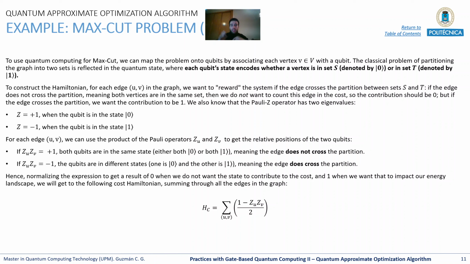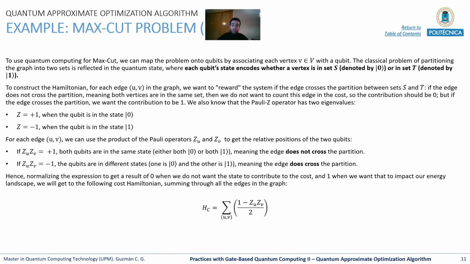Remember, maximum cut. So we normalize that expression to get a result of 0 when we do not want the state to contribute, and 1 when we want to impact our energy landscape, instead of -1 and +1. We'll get to this cost Hamiltonian, summing all of the edges in the graph.